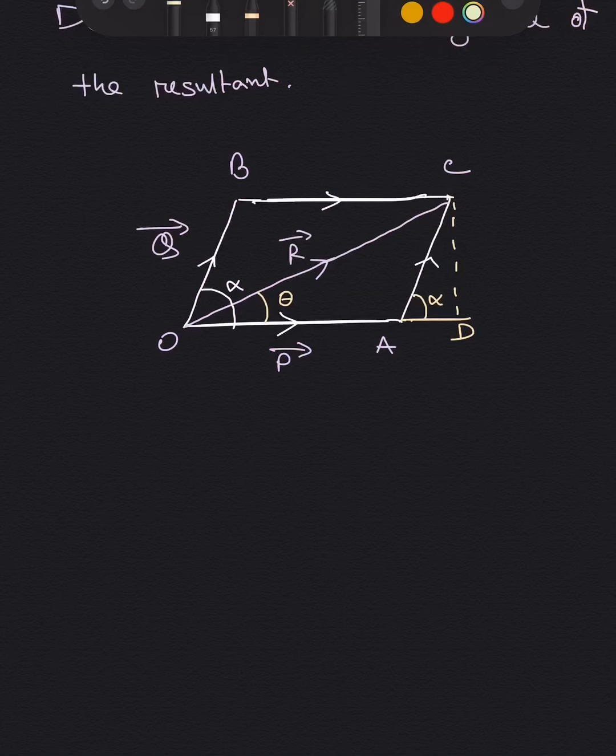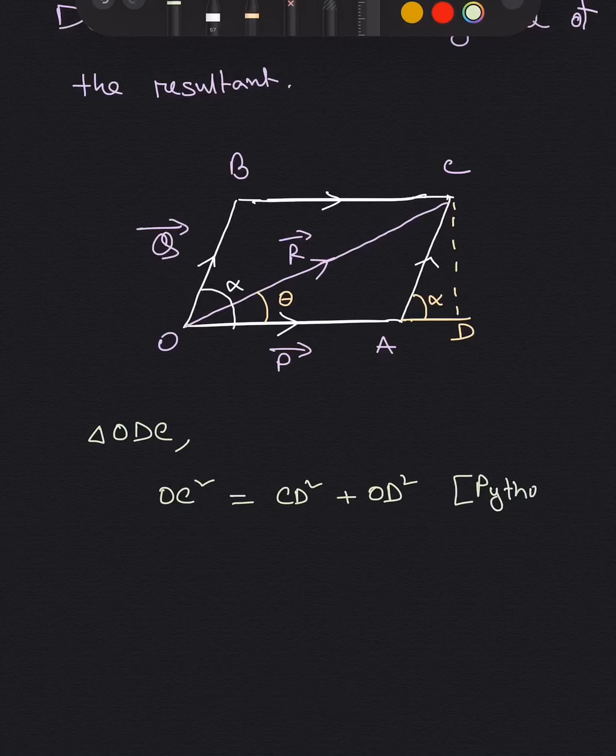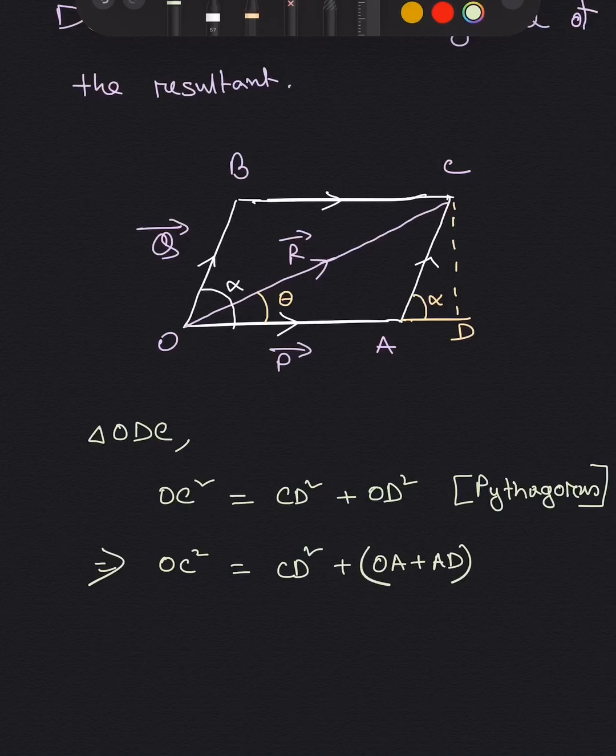From right angle triangle ODC, we get OC square equals CD square plus OD square by applying Pythagoras theorem. OC square is equal to CD square plus (OA plus AD) square, since OD is equal to OA plus AD.